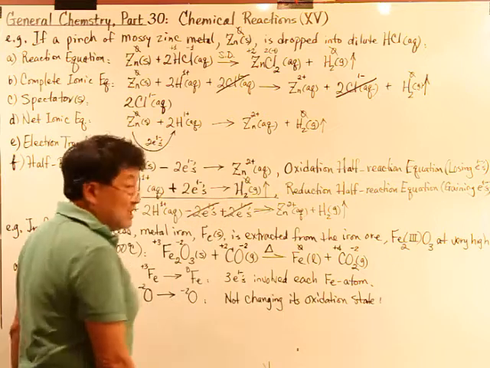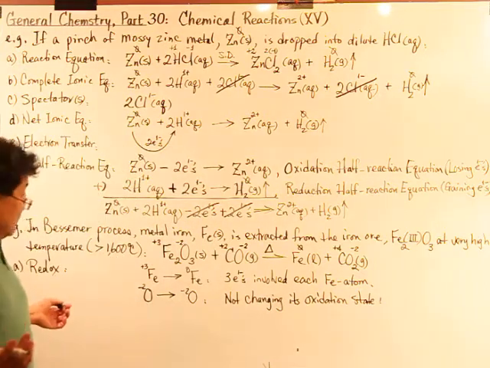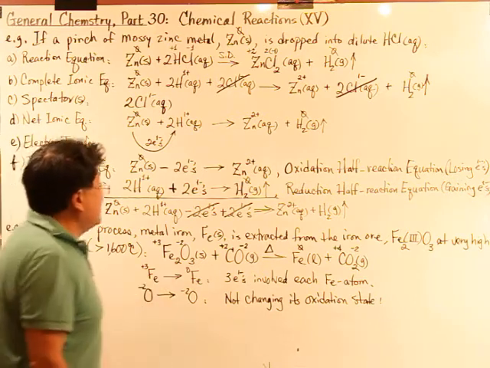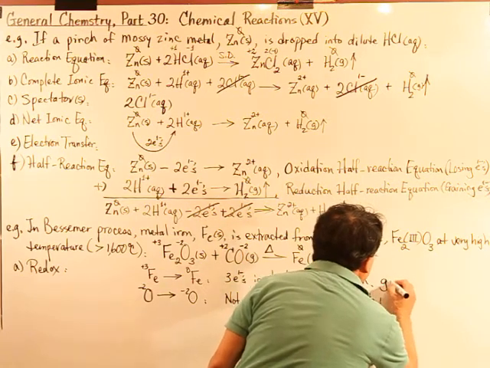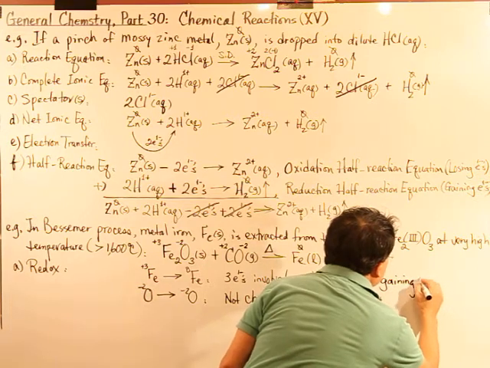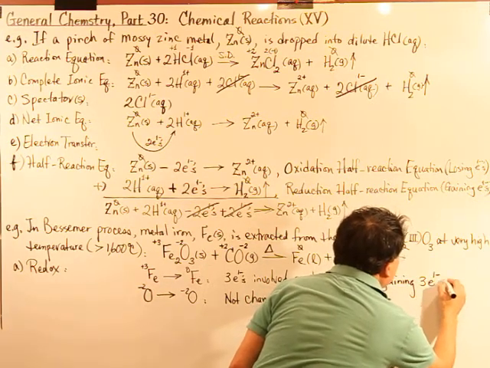That doesn't involve the redox process. Now who is involved in the redox process? This one: it gains 3 electrons each, and becomes reduced.